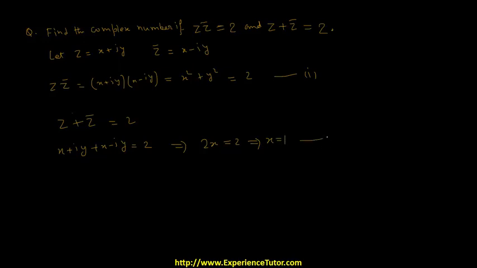We can define this as equation 2. Therefore, by equation 1 and equation 2, we can get x is equal to 1, y is equal to plus minus 1.